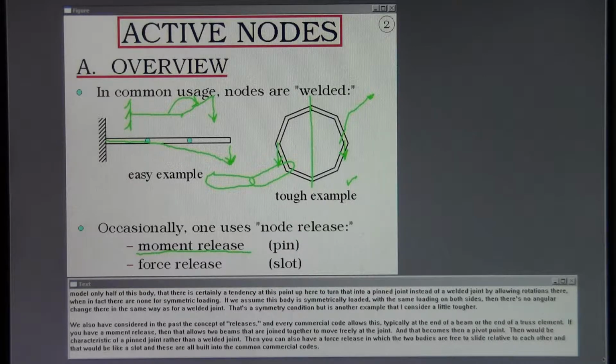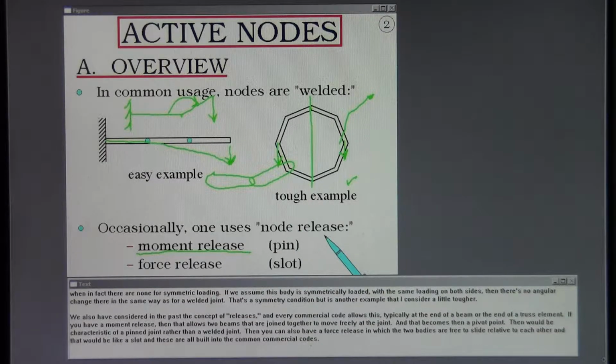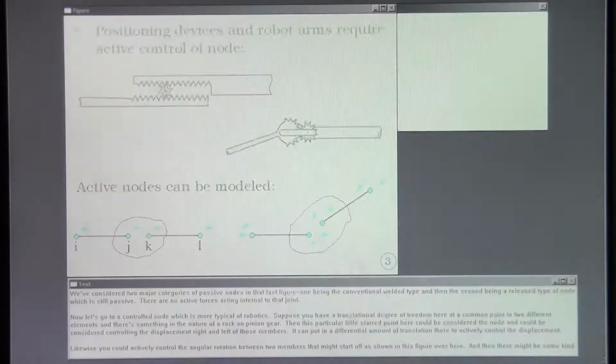That would be characteristic of a pinned joint rather than a welded joint. Then you can also have a force release in which the 2 bodies are free to slide relative to each other, and that would be like a slot. And these are all built into the common commercial codes.